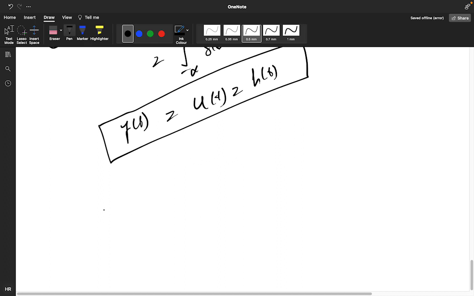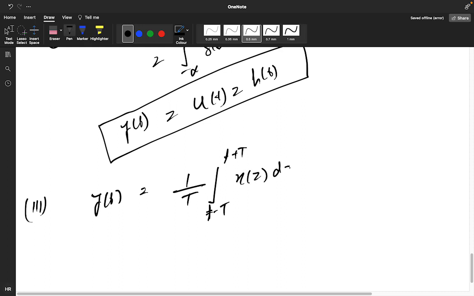What about this? If you have y of t equal to 1 by T times the integral from t minus T to t plus T of x of tau d tau. The input x of t is delta t, so we can write 1 by T, integral from t minus T to t plus T of delta tau d tau.